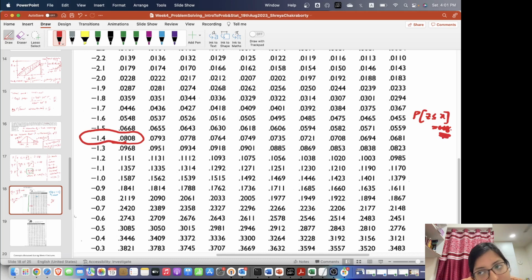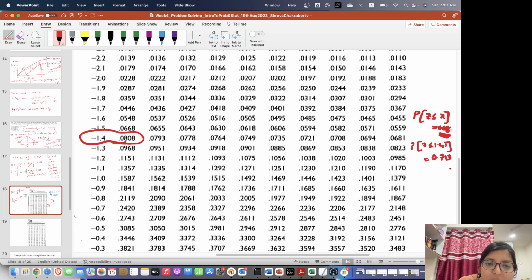So we should be able to cross this point. It should be at least this, or a little higher, because if we say the probability Z less than or equal to minus 1.41, then that will be 0.0793.